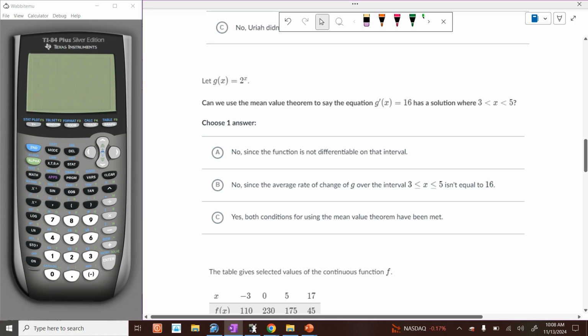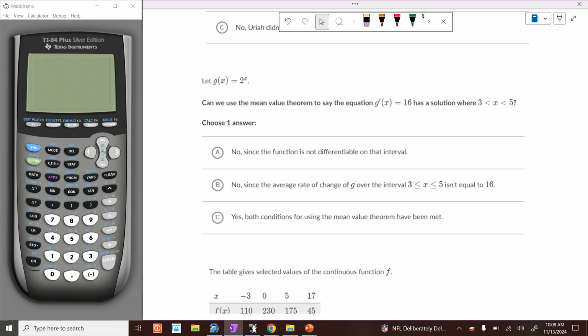For this one, can we use the mean value theorem to say that the first derivative of x equals 16 has a solution somewhere in between 3 and 5? What was not shown here? Well, if we put in a 5, what do we get? 32, right? If we put in a 3, we get 8. 32 minus 8 is 24.